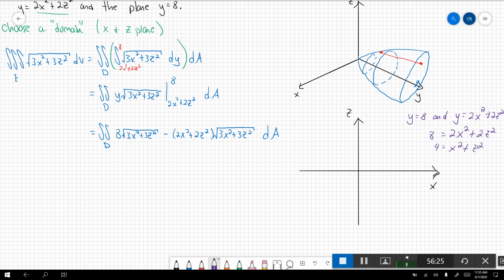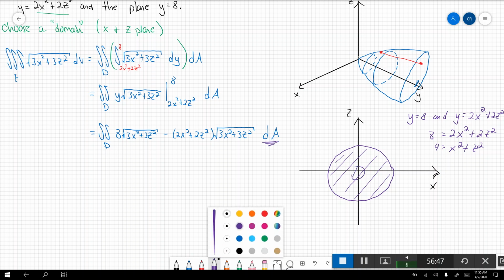Well, we get a circle centered at 0, 0 with a radius of 2. And this, ladies and gentlemen, is what we are integrating over for this region with respect to dA. So this is this domain D that I'm trying to analyze.